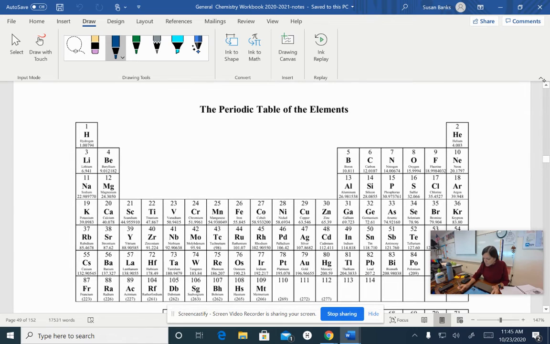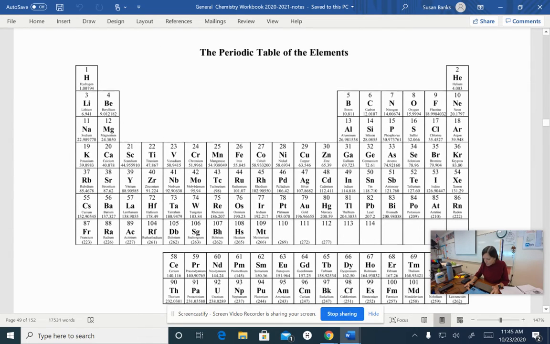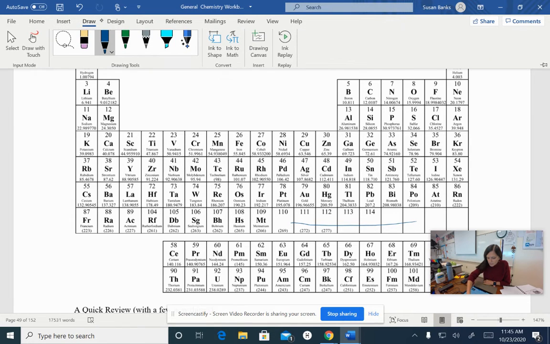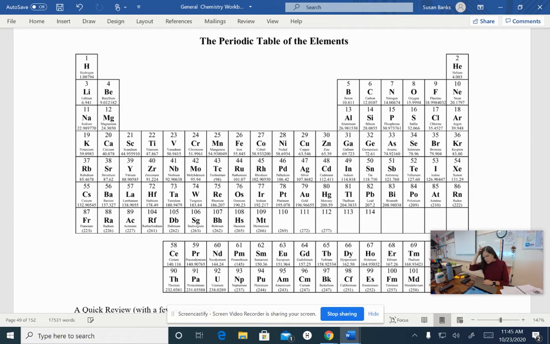This is the periodic table that we have modern-wise. You'll notice that the last couple elements here are not filled in because we just really named them about 4 years ago. So the periodic table that I have in the front of the room is more recent than this, and it does have the names for those in there.